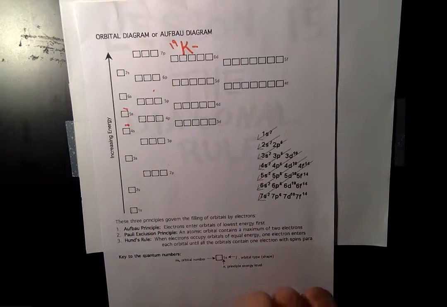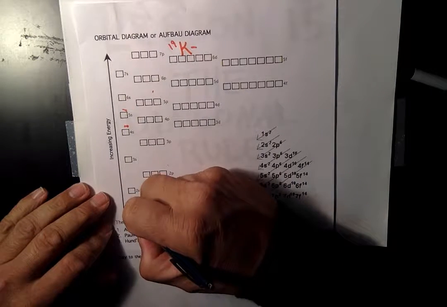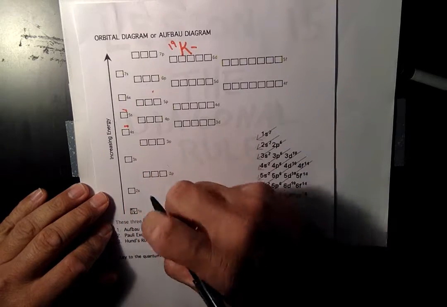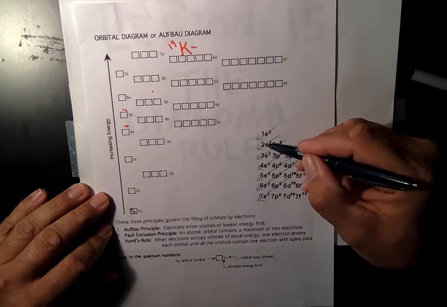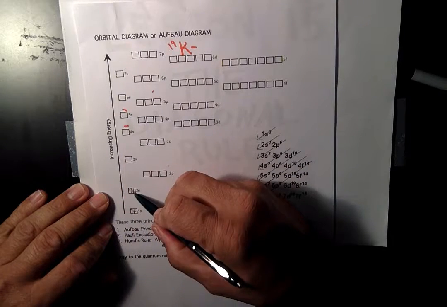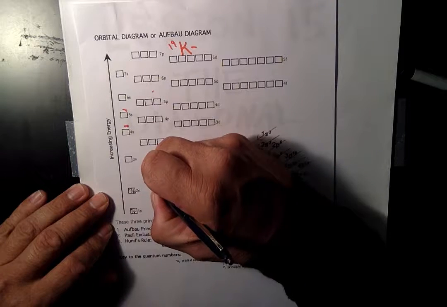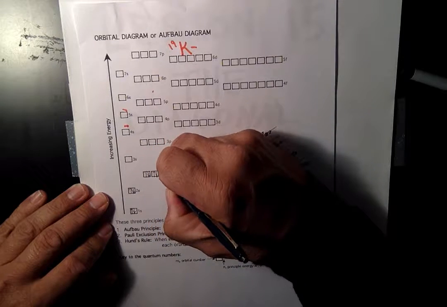I'll put one up, one down. That's 2. Then I go to my 2s. If I follow the diagonal, it's 2s. Put one up, one down. That's a total of 4. Then here I'm going to put one up, one up, one up, one down, one down, one down.